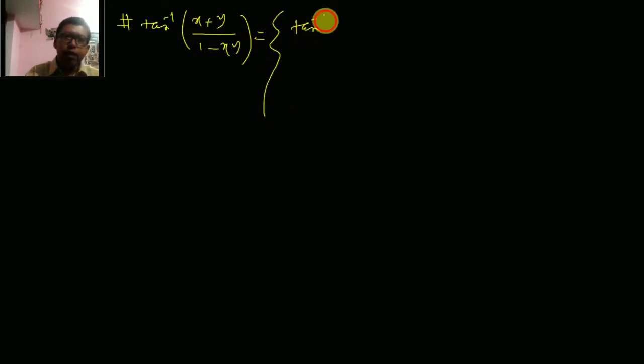First formula, this is a very important formula, tan inverse of x plus y upon 1 minus xy. So what will you write? You can imagine it will be tan inverse x plus tan inverse y. Yes, it is obviously correct, but it is only when xy is less than 1.